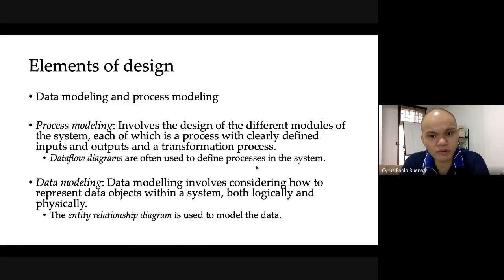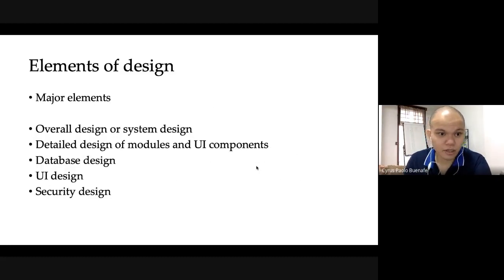And when you're coming up with a system design, it's important that you should have both. You should be able to do both conveniently. You should know how the process would look like. You should also know how the data would actually interact with the system. Now, that said, after taking a look at all of these considerations, what are the major elements of a system design?